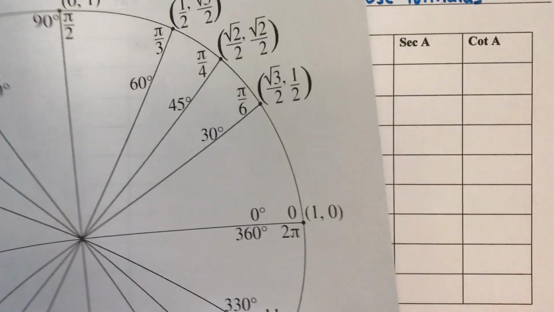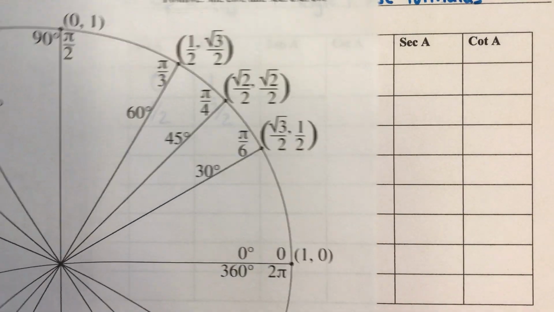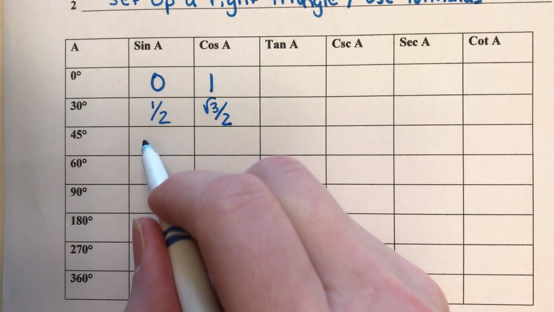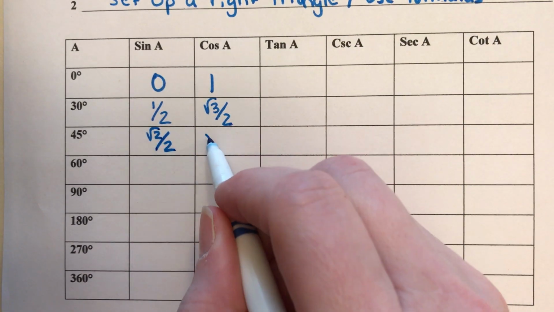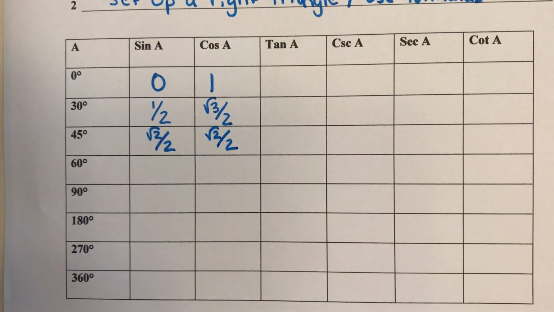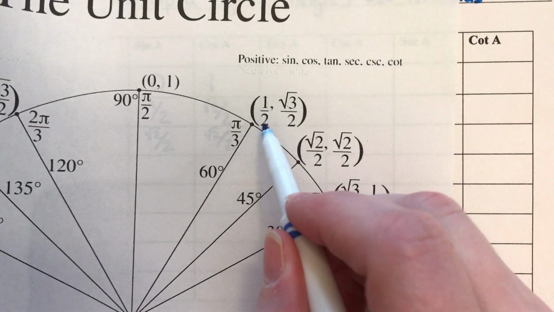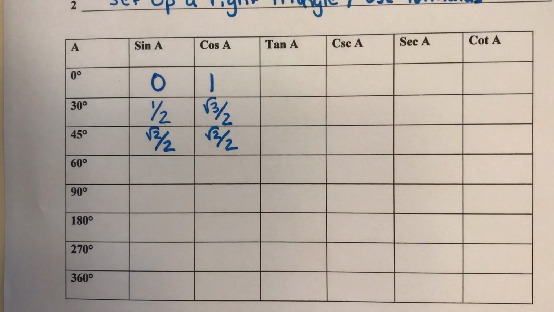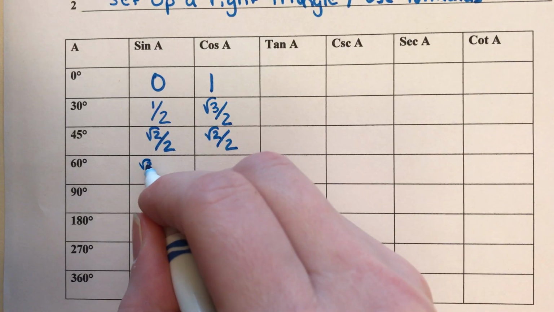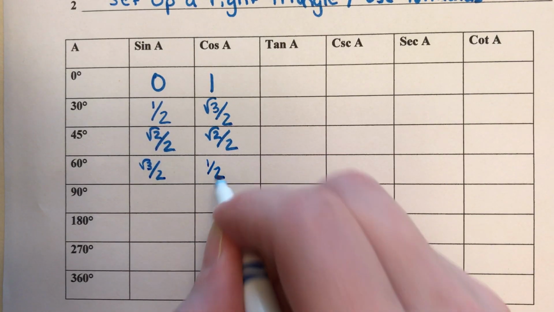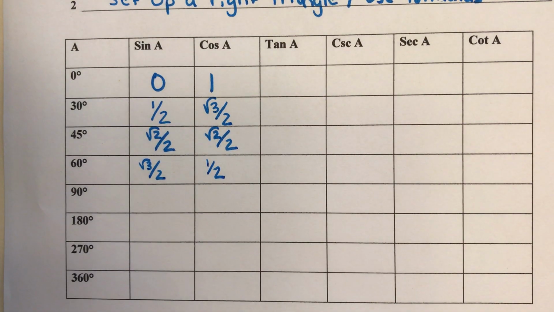45 degrees, they are both root 2 over 2. 60 degrees, cosine is 1/2, sine is root 3 over 2. 90 is up at the top.